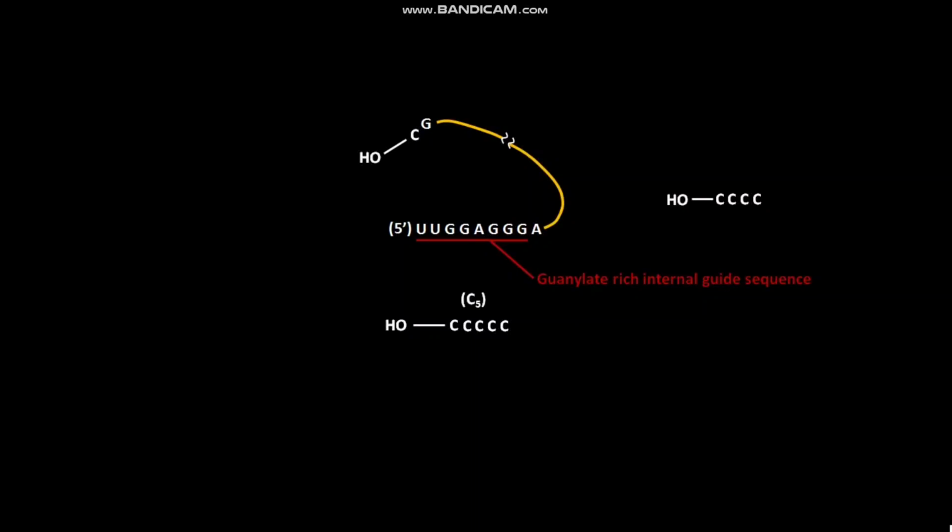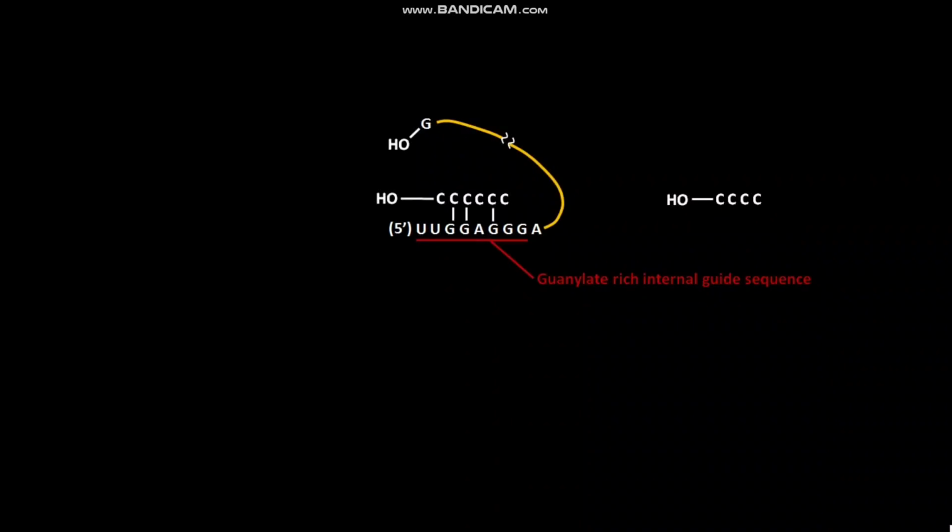A C5 oligomer then base pairs with the guanylate-rich internal guide sequence. The hydroxyl group attached to the cytosine of the C5 oligomer then attacks the bond present between the 3' guanine and its adjacent cytosine. Due to this attack, the hydroxyl group of the C5 oligomer makes a bond with the 3' guanine of L19 IVS, and the cytosine with its attached hydroxyl group makes a bond with the cytosine of the C5 oligomer.